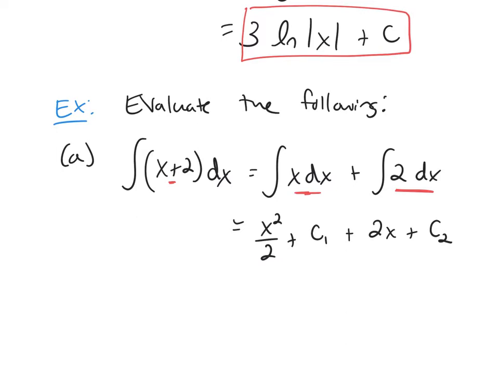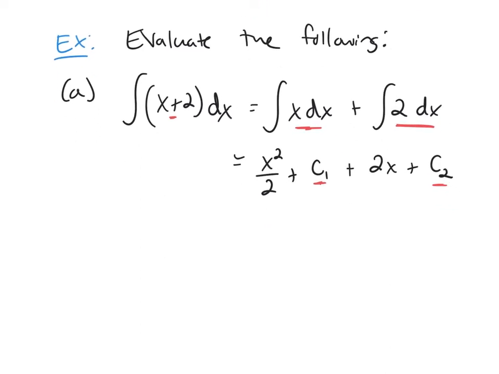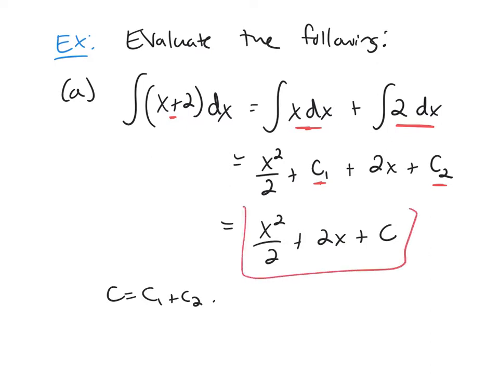And then what I could do is combine these two constants, c1 and c2, into just a single constant, where c is c1 plus c2. So what this means really is that you don't need to have two separate constants here. You can just give a single constant at the end.